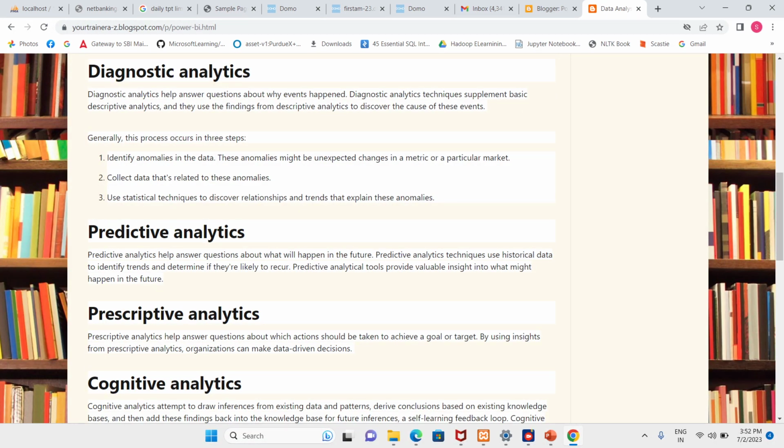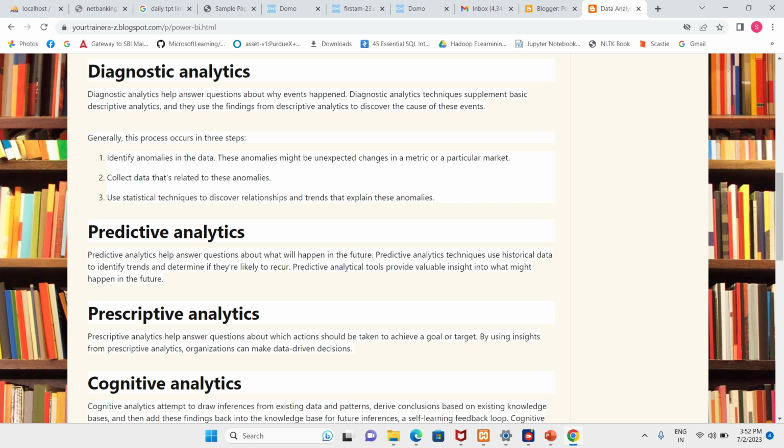Okay, next is predictive analytics. Predictive analytics help answer questions about what will happen in the future. Predictive analytics techniques use historical data to identify trends and determine if they are likely to recur. Simply, by using predictive analytics we are trying to find what will happen in the future.